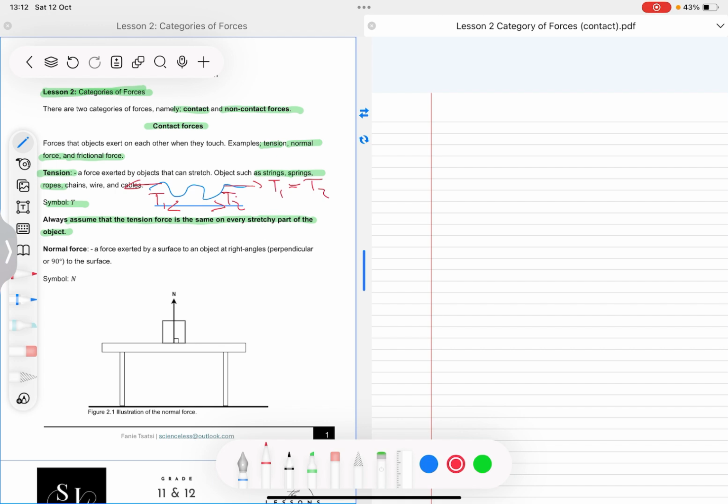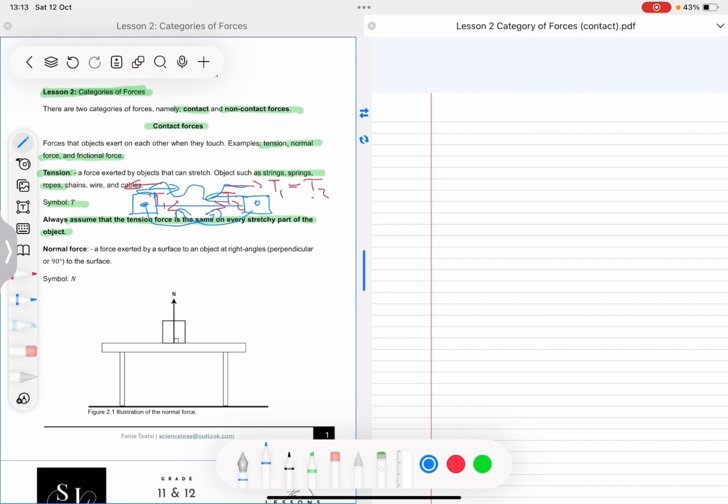Now this is very important for us to understand, because if you were to have, let's say, two boxes attached on this string, right, you'll realize that these two boxes will have the same tension. This box here will experience this tension here because it's going in that direction, and this box here will experience this tension here because it's going in that direction.